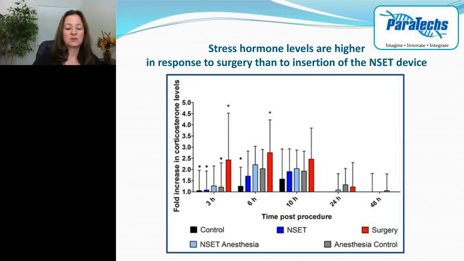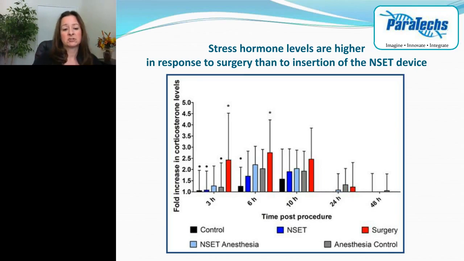For example, if you have a stressor such as pain, it will signal the hypothalamus to make corticotropin-releasing hormone, which then begins a cascade, resulting in the release of corticosterone.